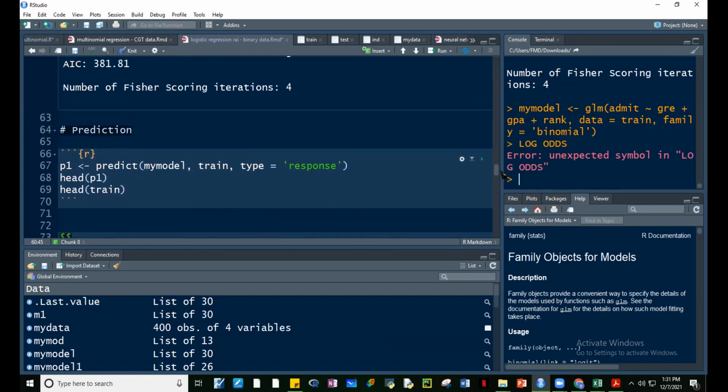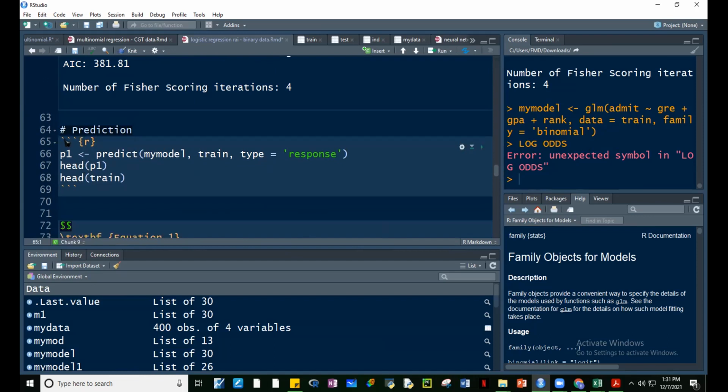Okay, so before we do that, magkaroon muna tayo ng prediction, no? Let's do some prediction. Let's create an object called P1, and we're predicting using my model, using the trained data, and type is equal to response. Explain ko mamaya yung type is equal to response.